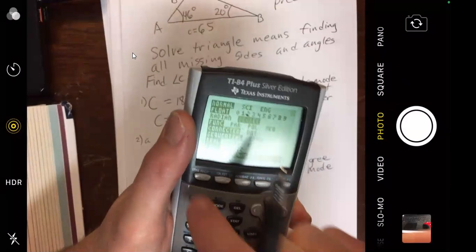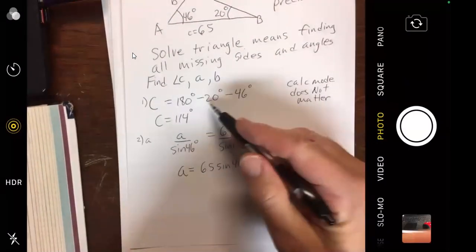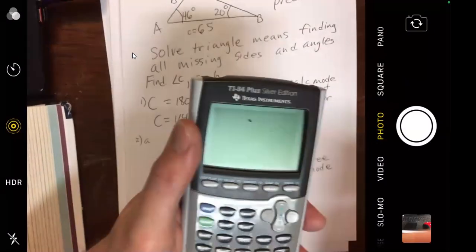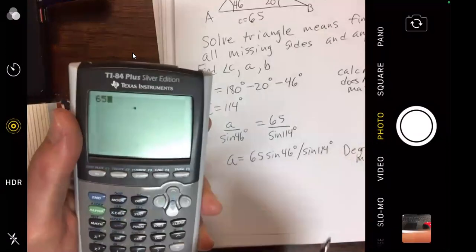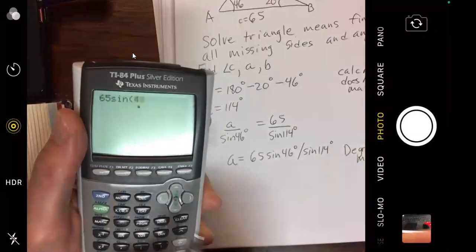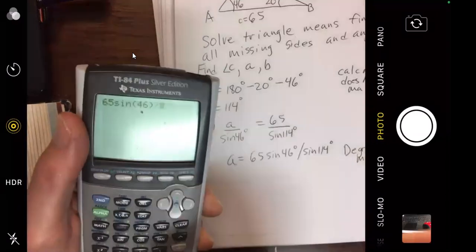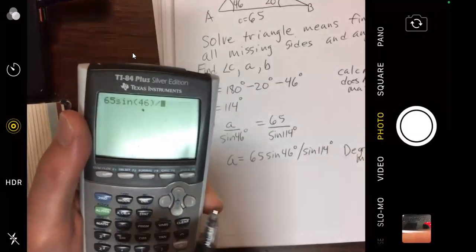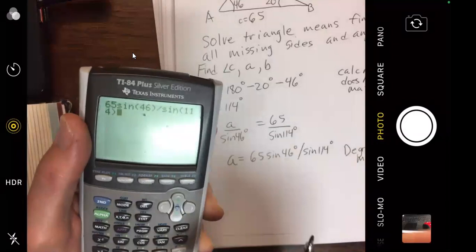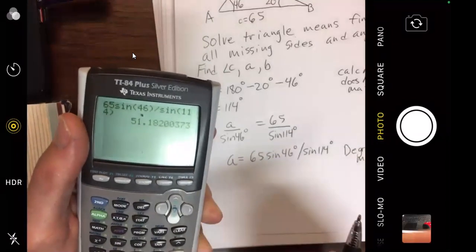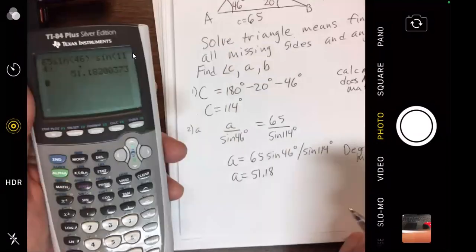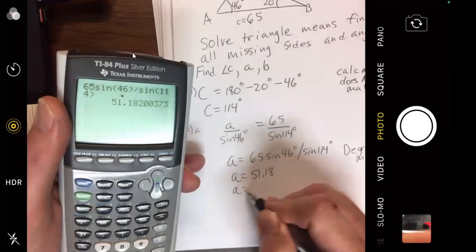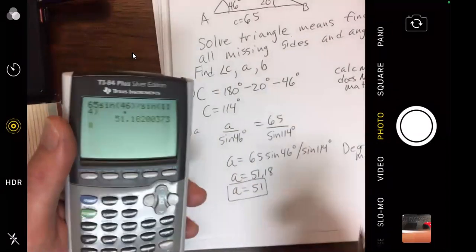Degree mode. So I did this calculation in radians and it doesn't matter. Okay, all right, so I have 65 sine 46 divided by sine 114. 51.18. If you left it 51.18, I wouldn't mark it wrong. And the book will probably call that 51, integer precision.